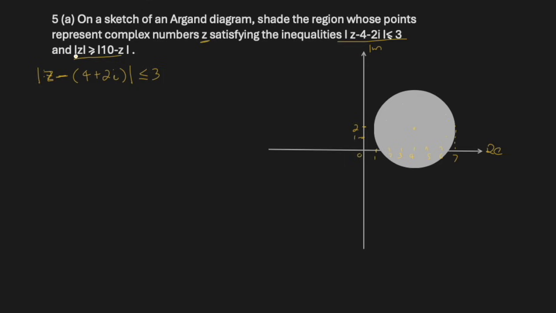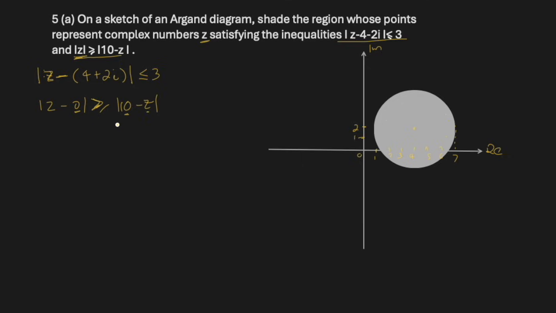Second, this is the magnitude or modulus of z with reference to 0. There is nothing here. Is greater than, so we can write z minus 0. With reference to 0, z is at a greater distance than from 10, meaning 10 from z. Okay, or z from 10 is the same thing.